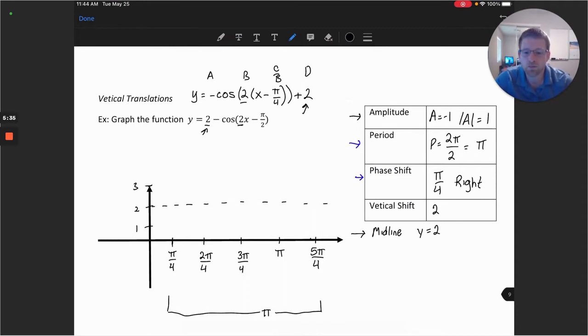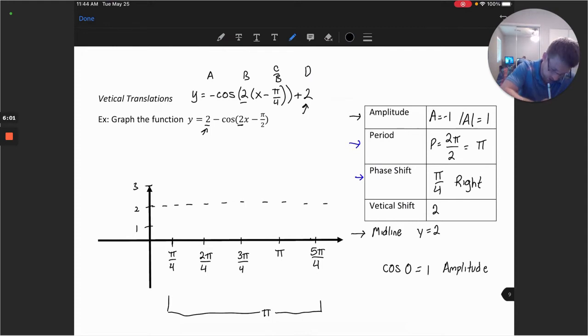Okay. One more note that we want to make here is that cosine of 0 is always equal to 1. And so we're always going to, in other words, start at our amplitude.